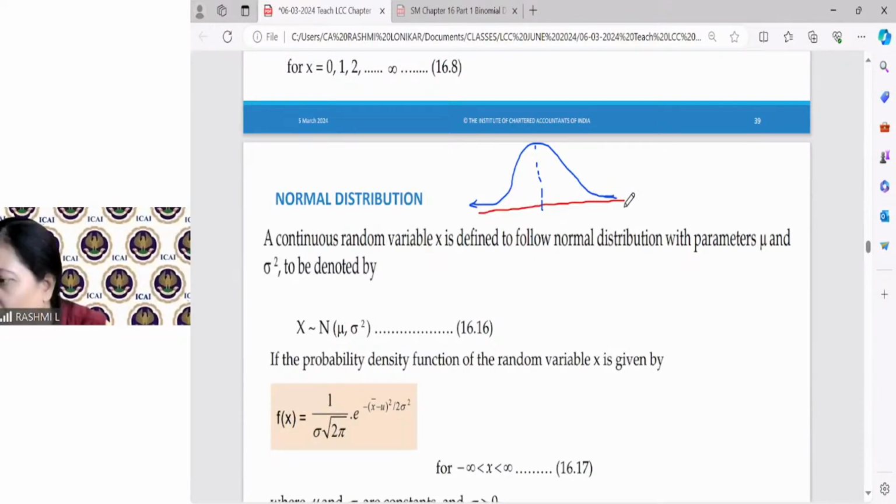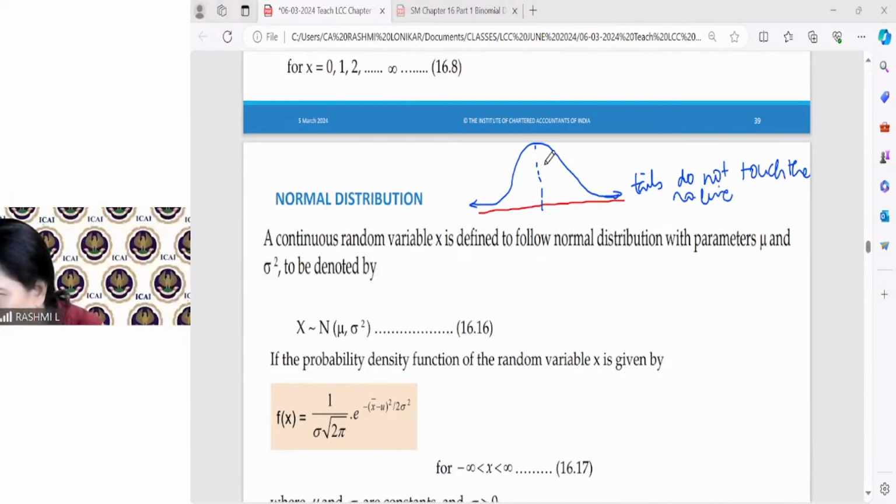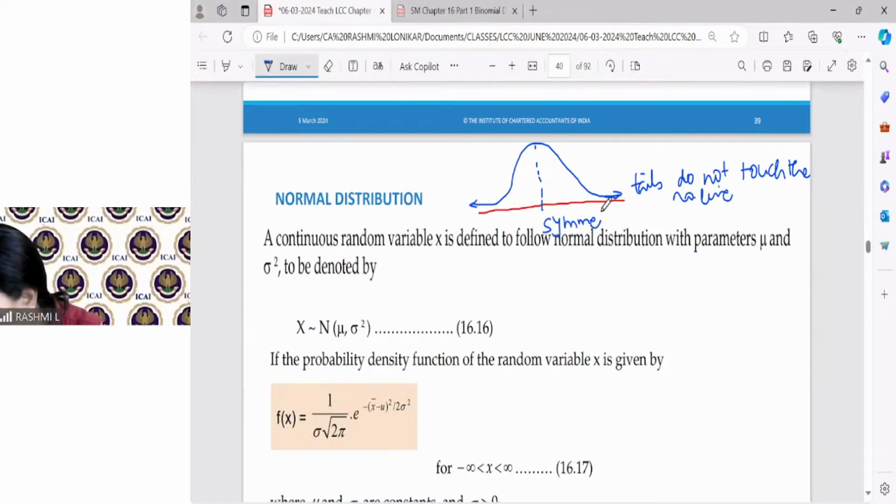Okay. These are known as tails. These tails do not touch the number line. Okay. And this is symmetric.